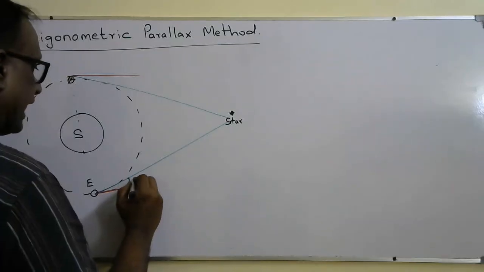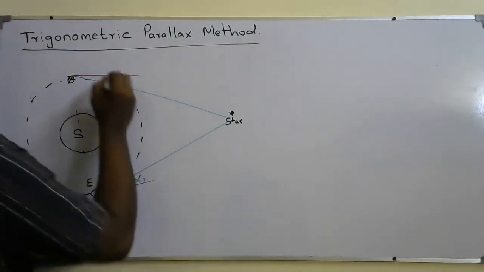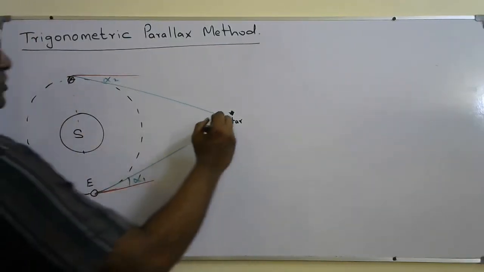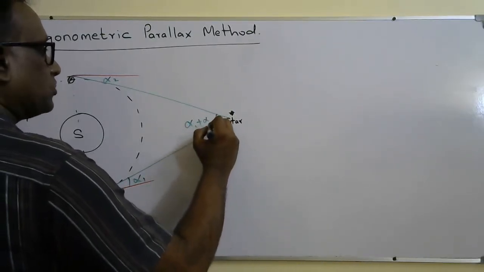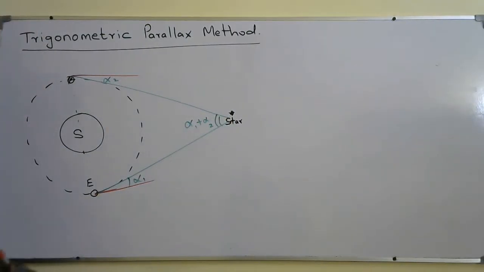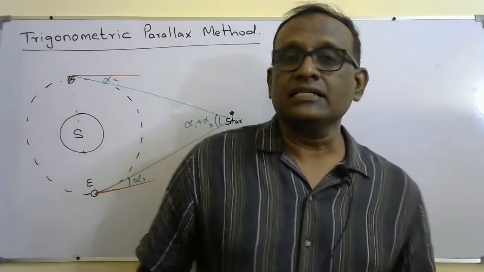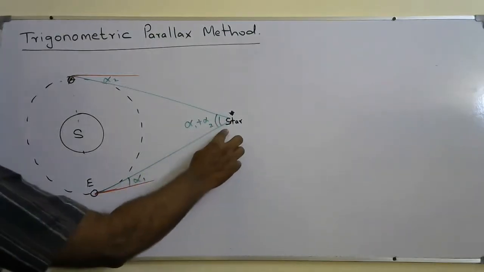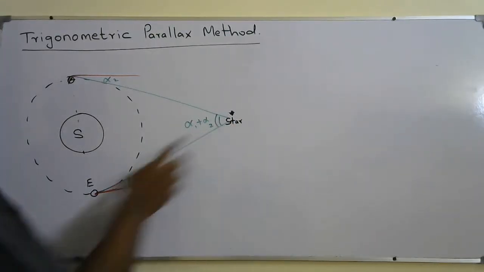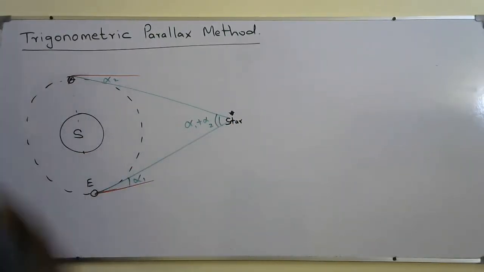We measure this angle alpha 1, and this one alpha 2. So this angle will be alpha 1 plus alpha 2. That is called the change in angular displacement, or arc difference, of the nearby star during the 6 months period.